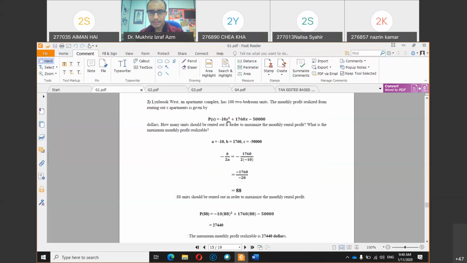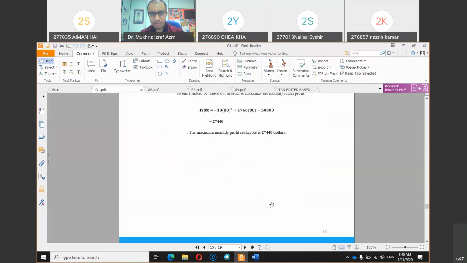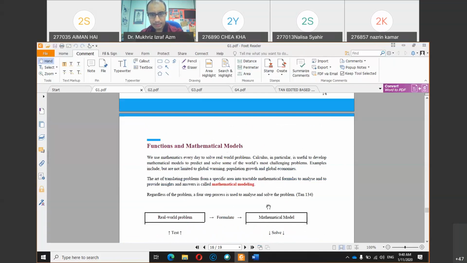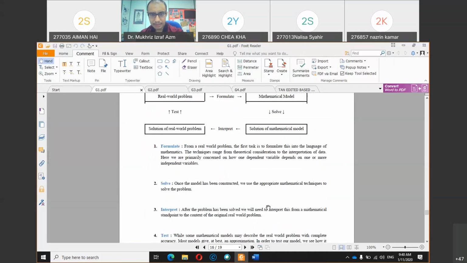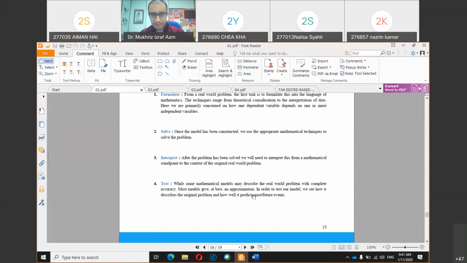This is a negative function, so it will be an inverse U shape. So you get the Q or the X value as 88 units, and then you substitute and get the value.